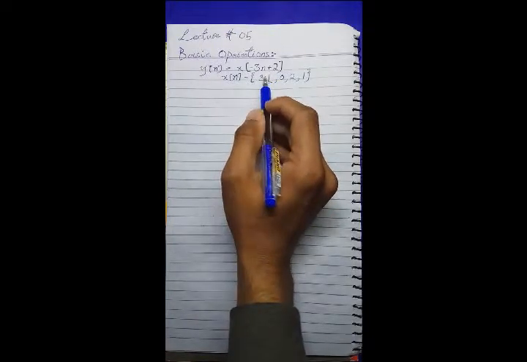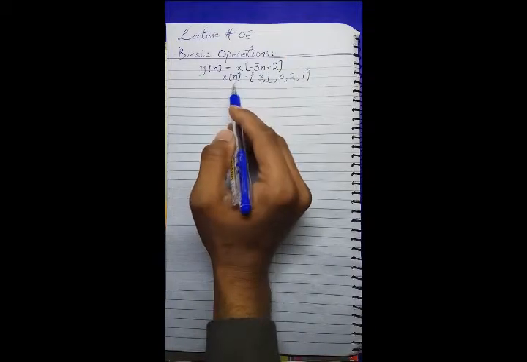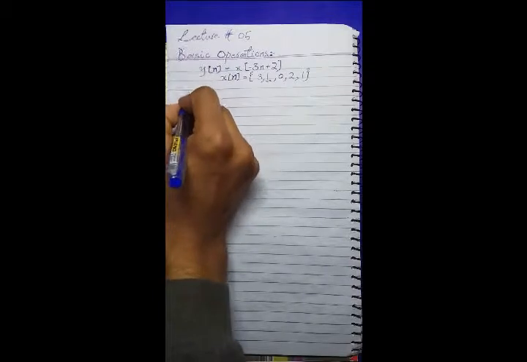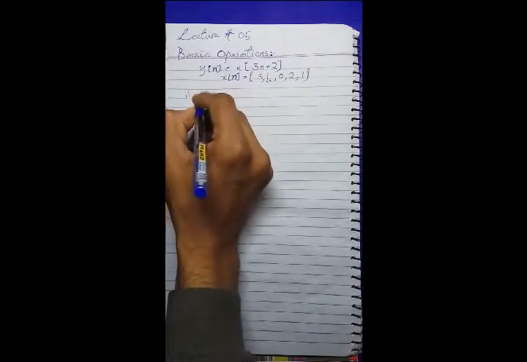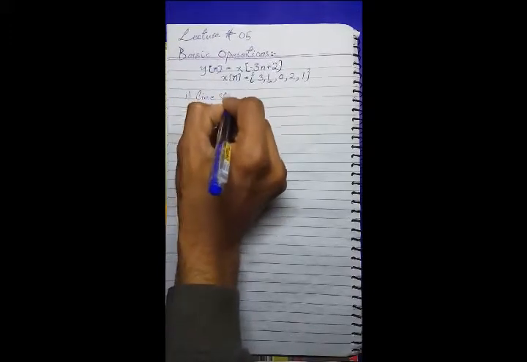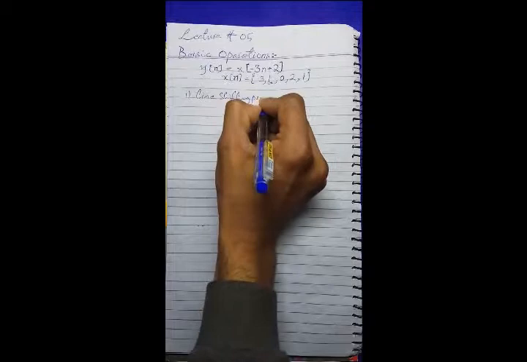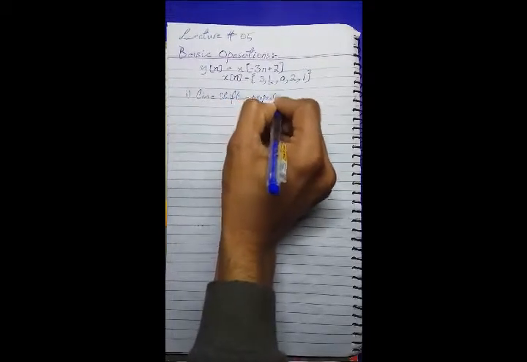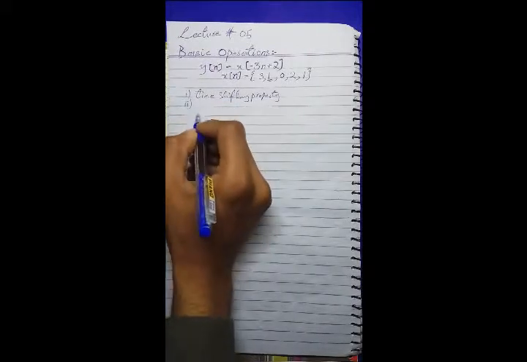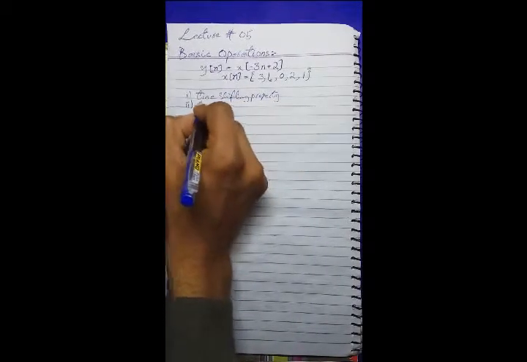So what are the criteria to apply these operations on a single signal? We will first apply the time shifting property. Then we will apply the time reflection or flipping property.